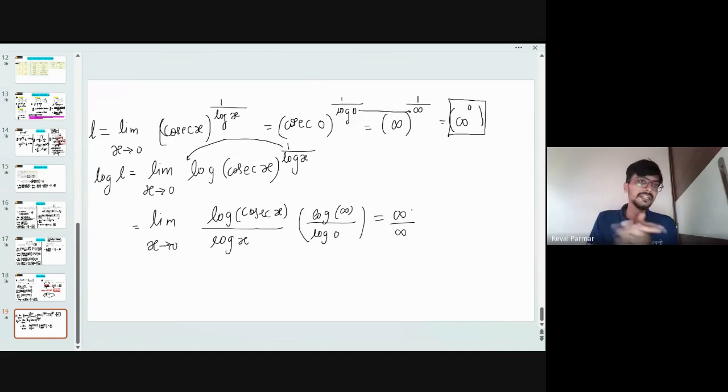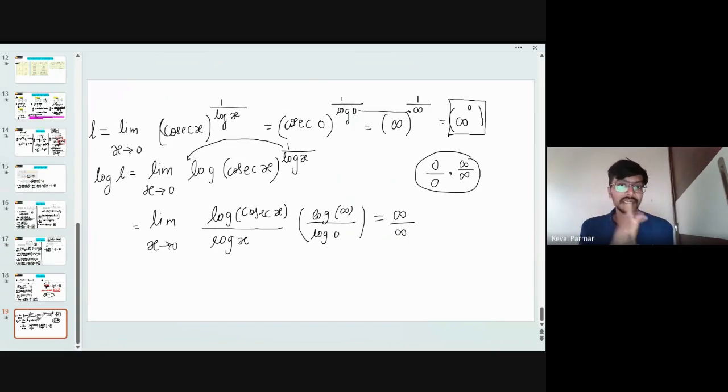So now we can use L'Hospital's rule. Let me tell you one thing: the rule can only be used if the indeterminate forms are 0 upon 0 and infinity upon infinity. Only for these it can be used.